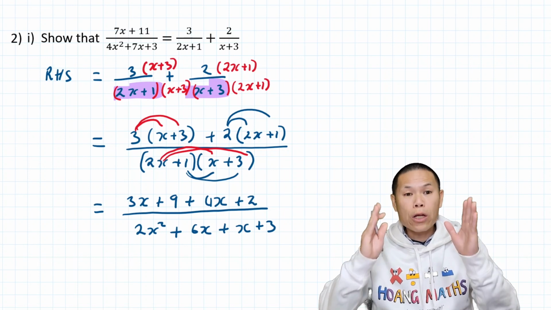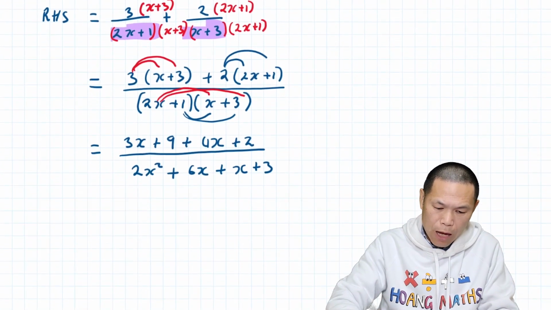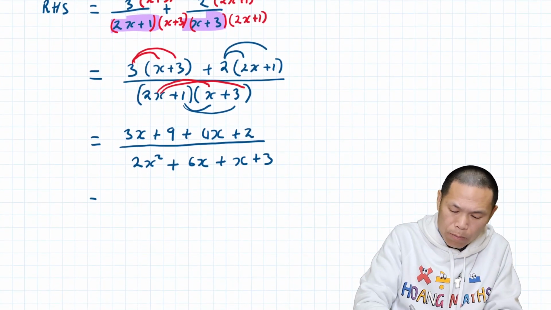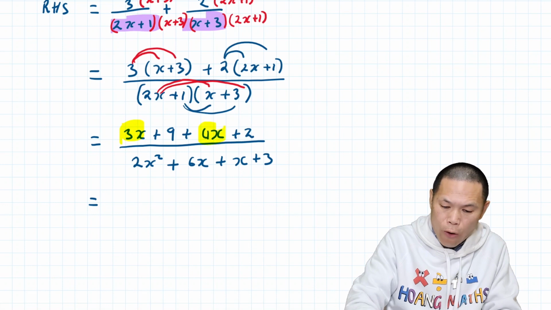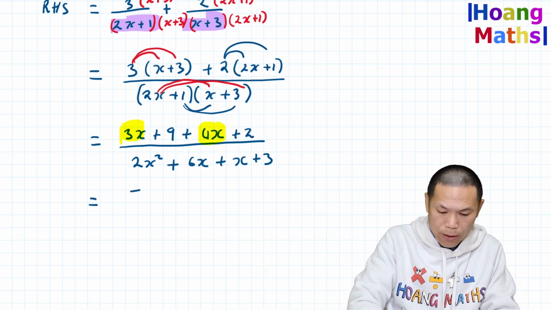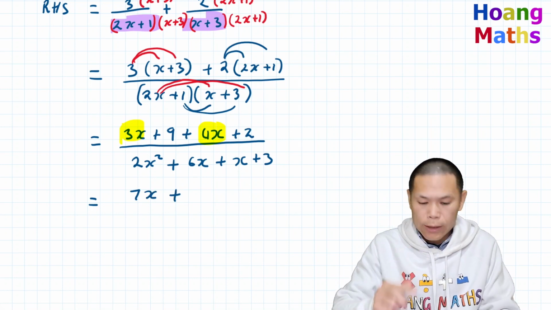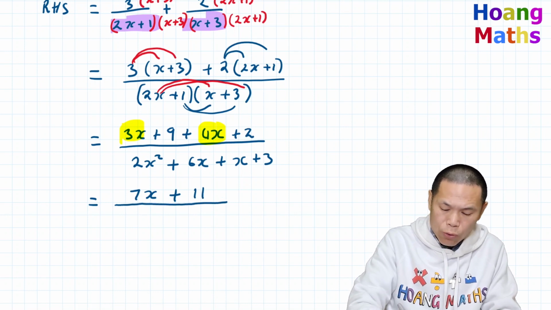So what I do now is just collect the like terms. So let me just move this up a bit. So we have 3x, we add 4x, so that gives me 7x. And 9 plus 2 is 11. So we just add 11. That is equal to, now we have 2x squared.